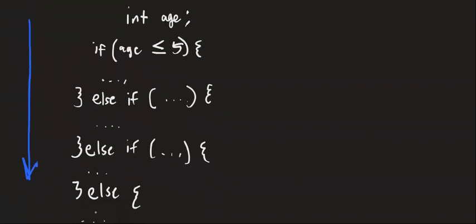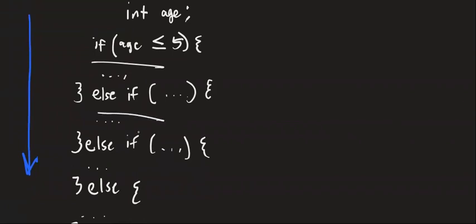Basically, we go from top to bottom: if, else if, and then else. Else is going to evaluate no matter what, in the sense that if we run this program, one of the conditions has to evaluate. So when I said no matter what, that's not true. If we have this condition evaluating, then this one is not going to evaluate. Or if we have this one evaluating, this one's not going to evaluate.